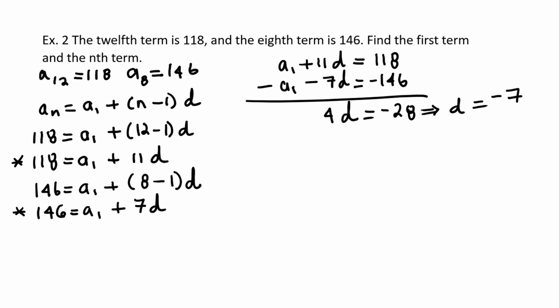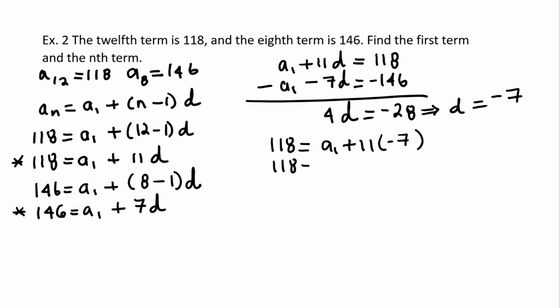Of course, that's not what we were asked to find. We have to find the first term and the formula. So to find the first term, we'll use either of the two equations to solve for a sub 1. Let's do the one with the 11. So I will say that 118 is equal to a sub 1 plus 11 times the common difference of negative 7.